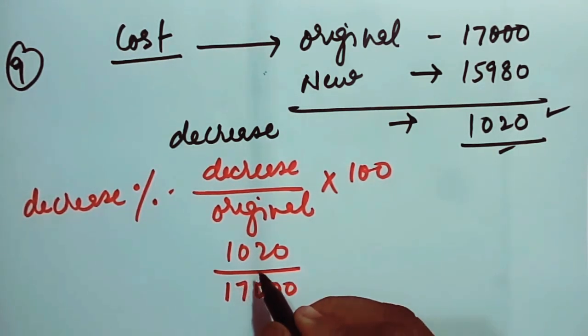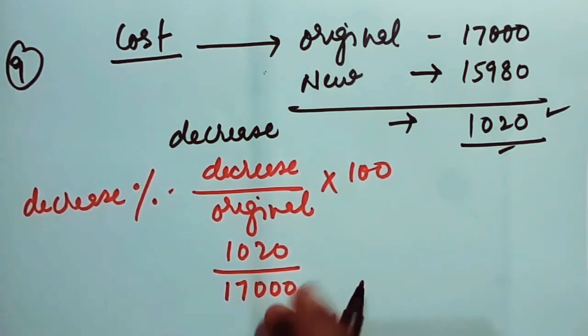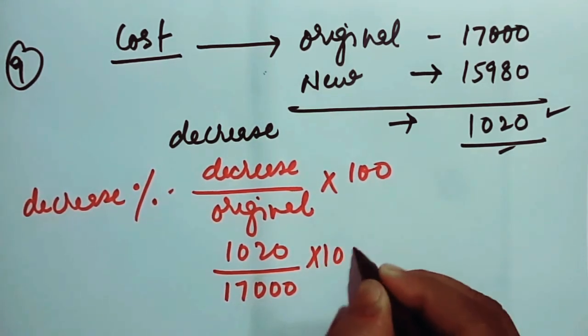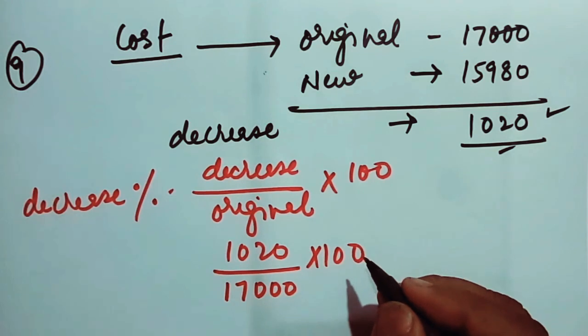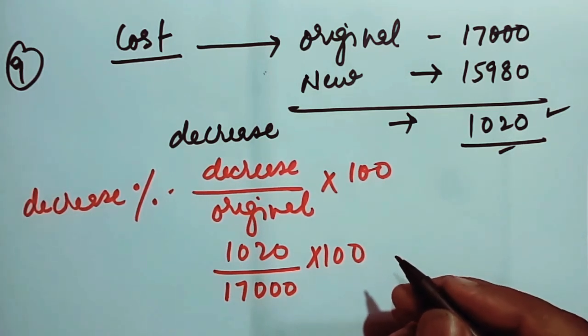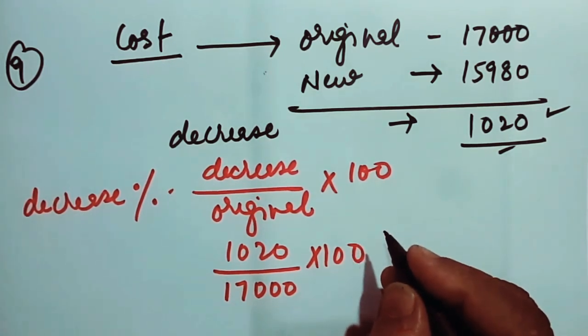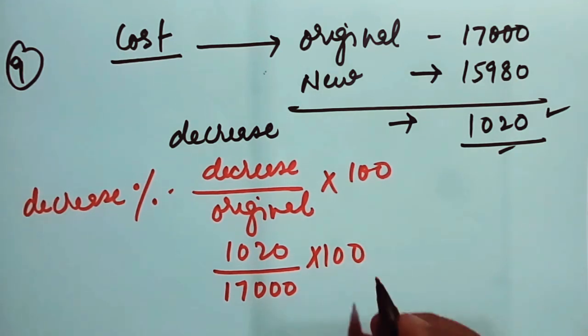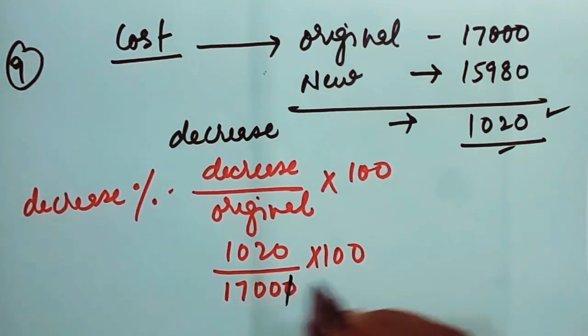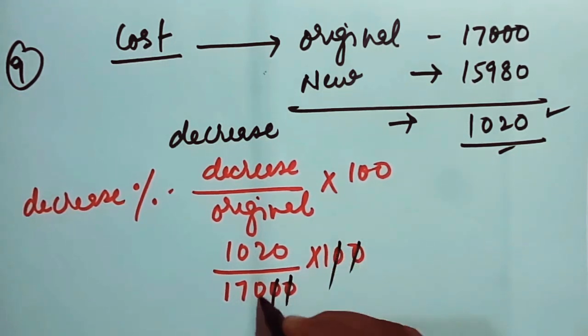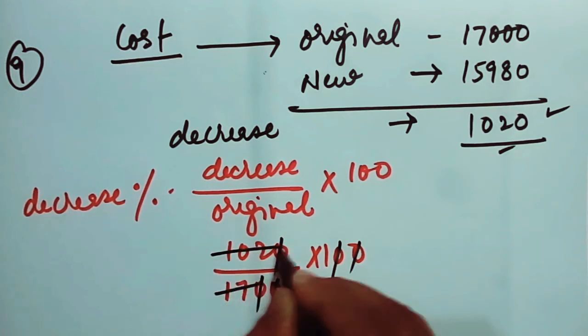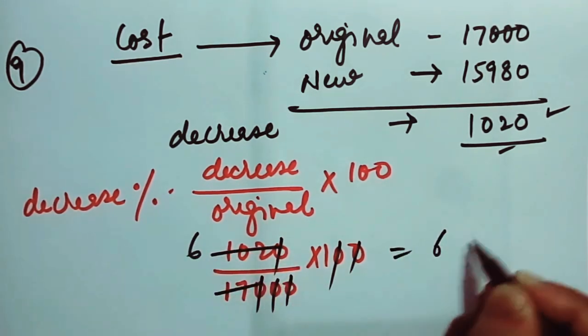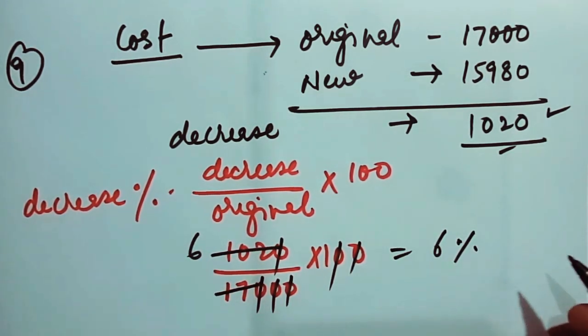Your original value was this, multiplied by 100. Therefore, when you find this particular value, on cancelling, 17 6, it is equal to 6%.